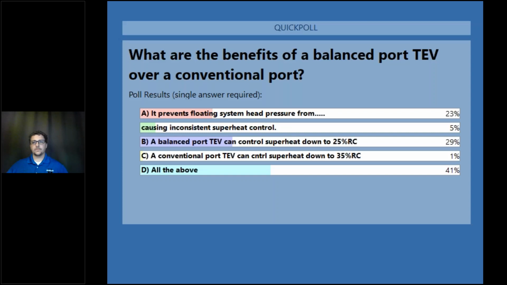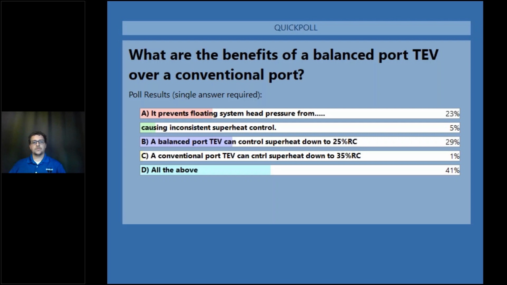All right, so the question was, what are the benefits of a balanced port TEV over conventional port? Option A, it prevents floating system head pressure from causing inconsistent superheat control. Option B, a balanced port TEV can control superheat down to 25% of rated capacity.